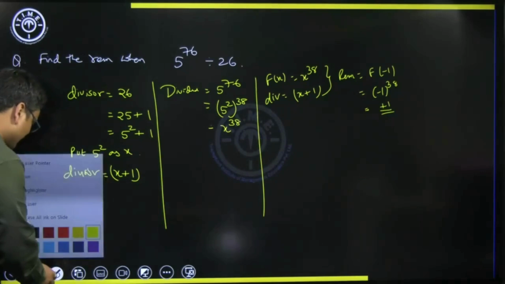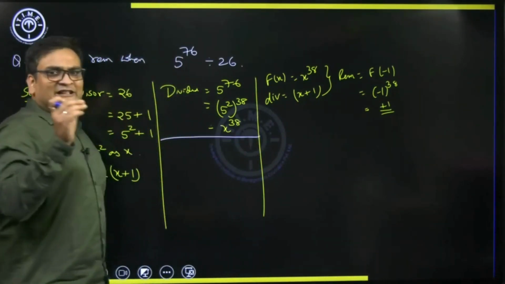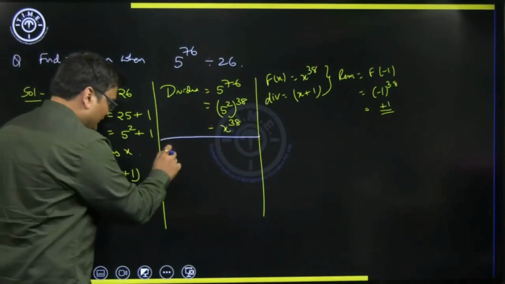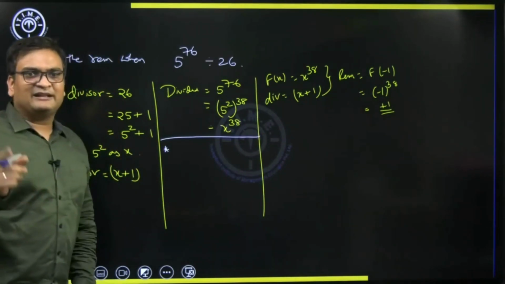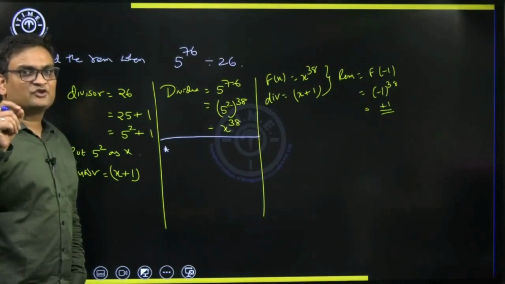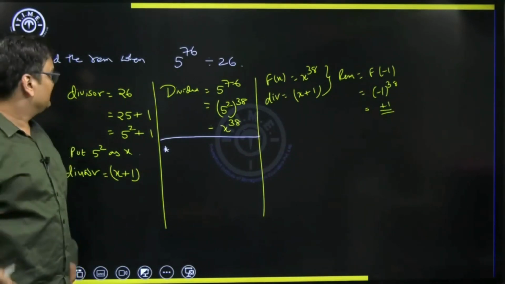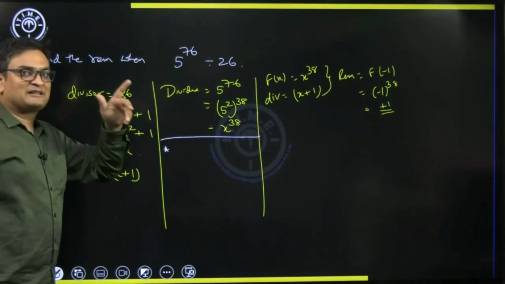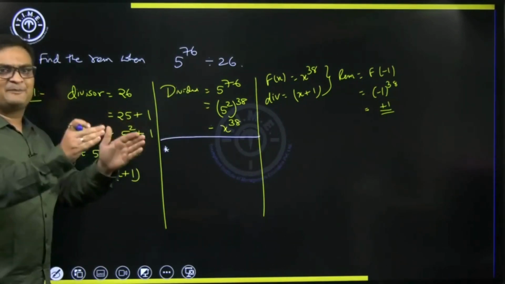The 2 points that I wish to share and I want you all to note down is, while applying remainder theorem, we need to keep two things in mind. One point is the divisor and dividend should both be powers of the same base. For example, if divisor is 5 power something, my dividend should also be 5 power something. If my divisor had been 3 power something, my dividend will also be 3 power something.